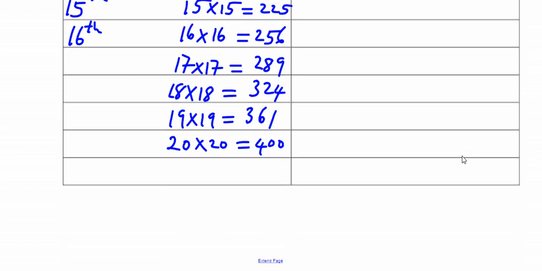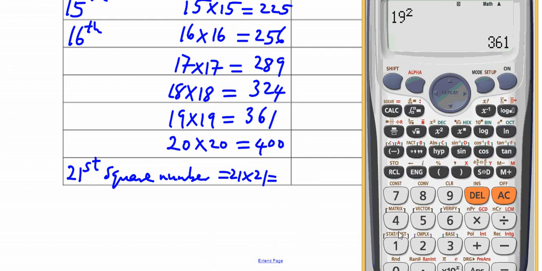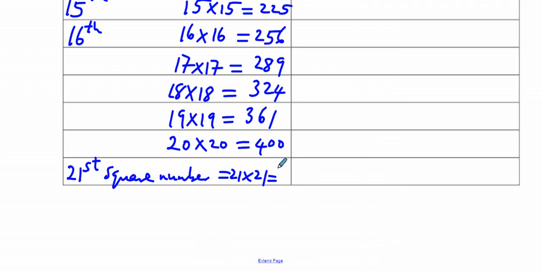Should have one more space. Yes, for the 21st square number, it will basically be equal to 21 times 21. 21 square will give you 441. So 441.